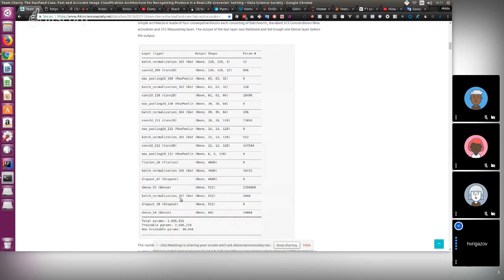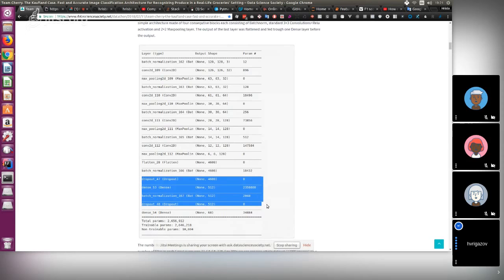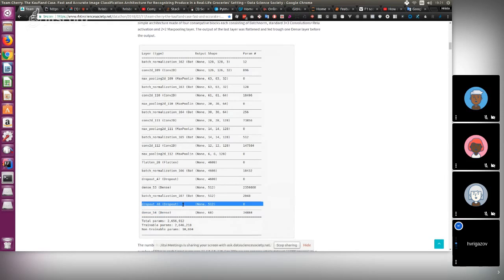And as you can see, in the classifier part, there is dropout, but in the feature extractor part, it turned out that batch normalization does the best job. This was found empirically. It's not like we have a good reason of why that is.